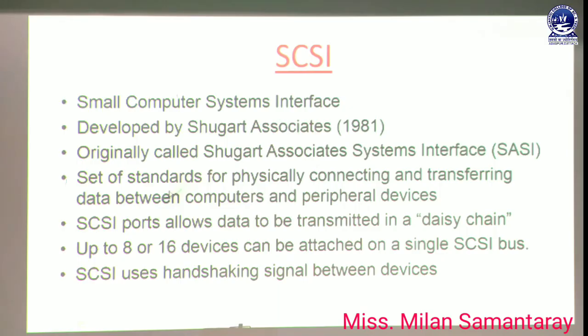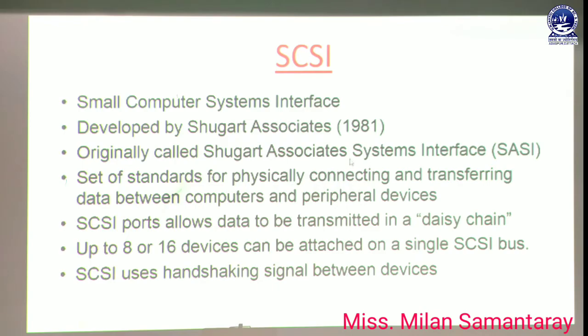There is a set of standards for physically connecting and transferring data between computers and peripheral devices. So in the SCSI bus, on the basis of those standards, the physical connections and the data transfer take place between the system and the peripheral devices.